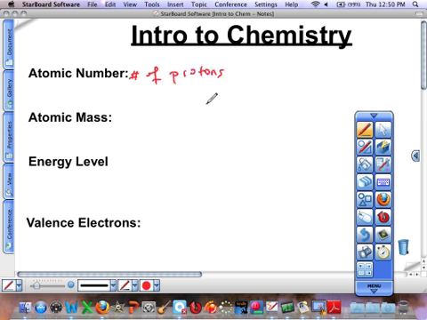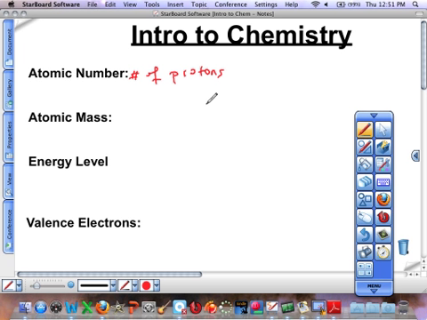By the way, in order to keep things balanced, if protons have a positive charge and electrons have a negative charge, what do we know about the number of protons and electrons? If we're going to be balanced, what do we know about that? They have to be the same. Okay, your protons and electrons have to be the same number.